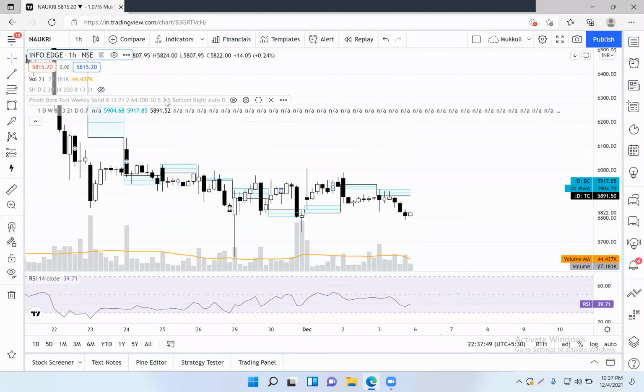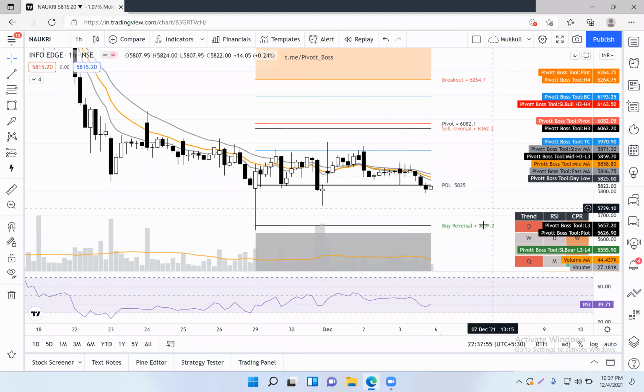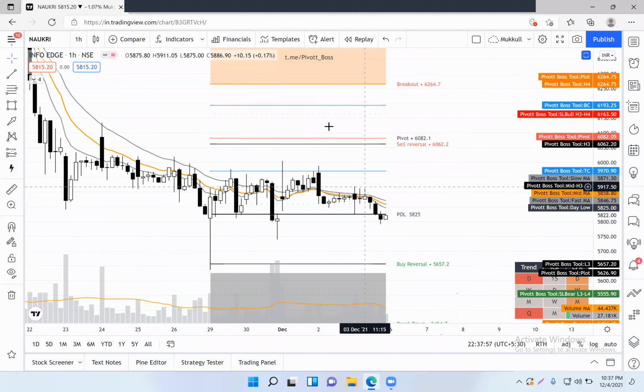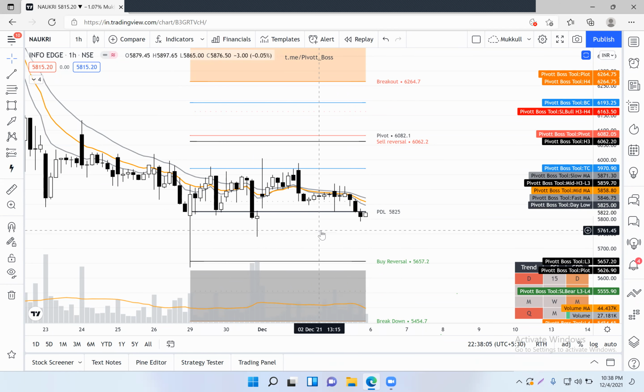If you want to check this thing with pivots, let me check this thing with pivots. Okay, so it's a bearish GPZ, perfect reversal chain. So you can see entirely consolidated.